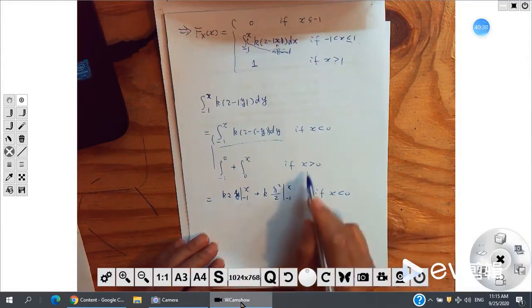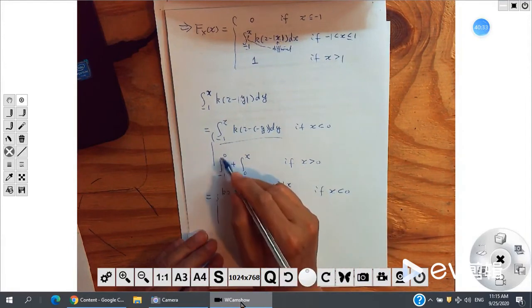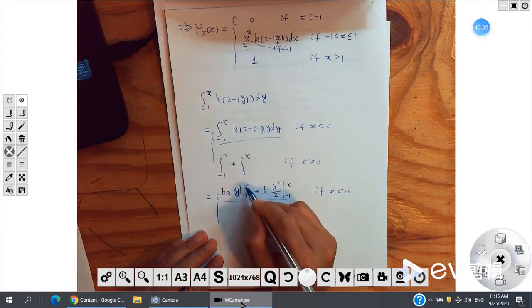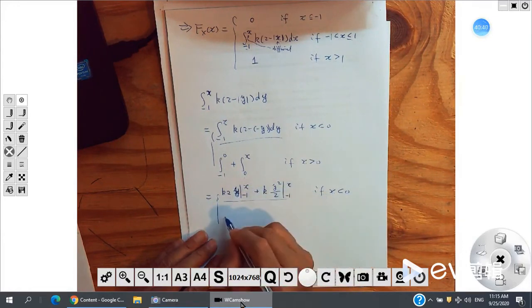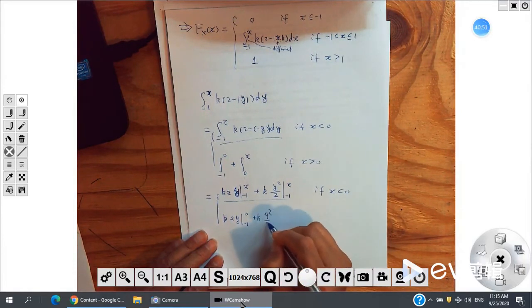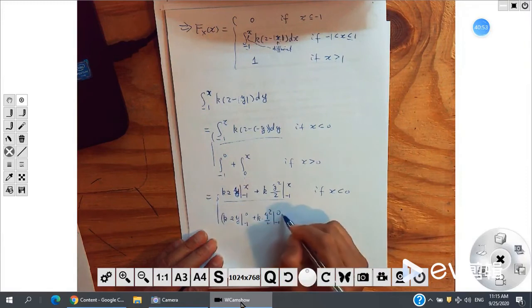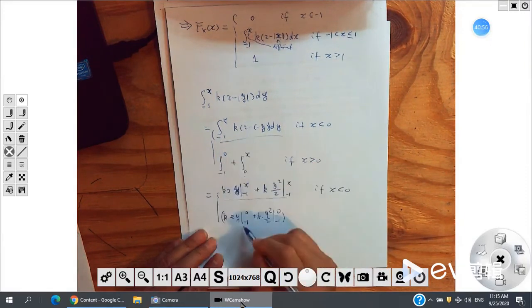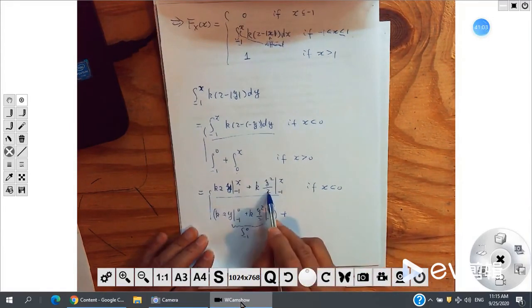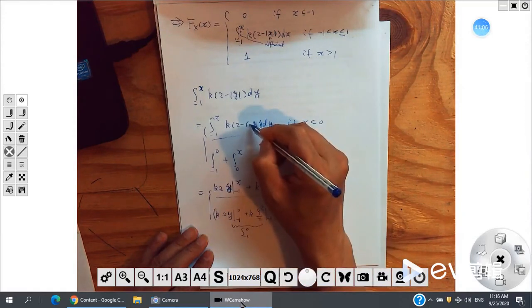And when x is larger than 0, the integral is the same thing, just with different upper and lower limits. So this is k times 2y, now from -1 to 0, plus k times y squared over 2 from -1 to 0. This is the first part, the integral from -1 to 0. And from 0 to x, it is similar, but here it should be plus, not minus.